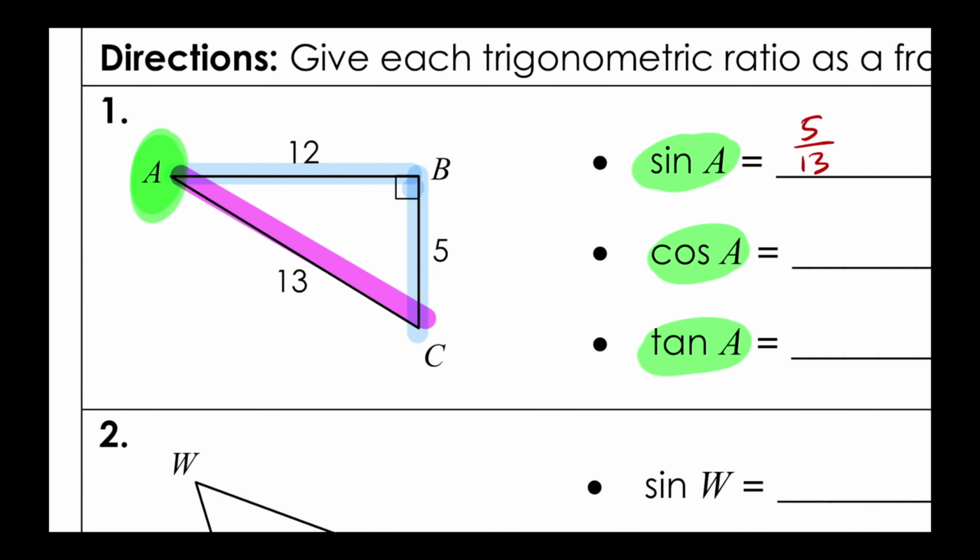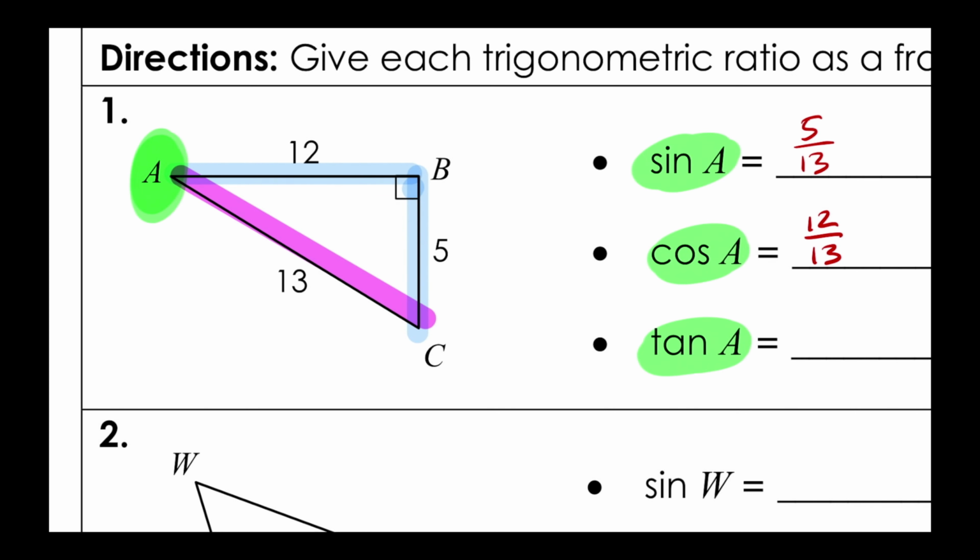Now don't say 13. This is adjacent to A too. Yes, but that's not a leg. That's the hypotenuse. So yes, it's 12. And what's the hypotenuse? 13. So my cosine of A is 12 over 13. That's it. It's not complicated.